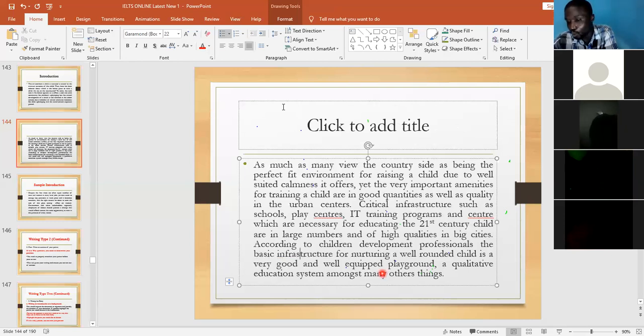As a matter of fact, before we close class, I will want to take the first body of the essay from you. You can take another direction of explaining amenities, or if you disagree, you can go into explaining your own points and why the countryside or the rural area is much more effective for a child's growth than the urban centers.